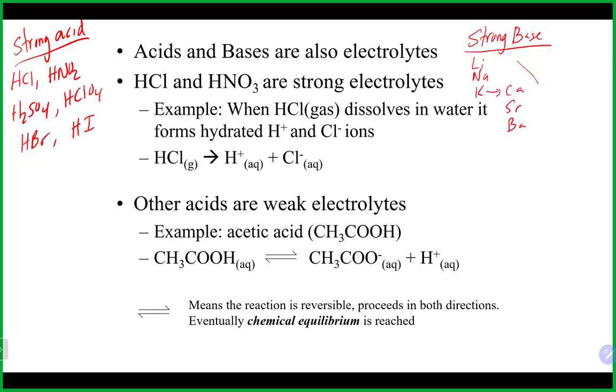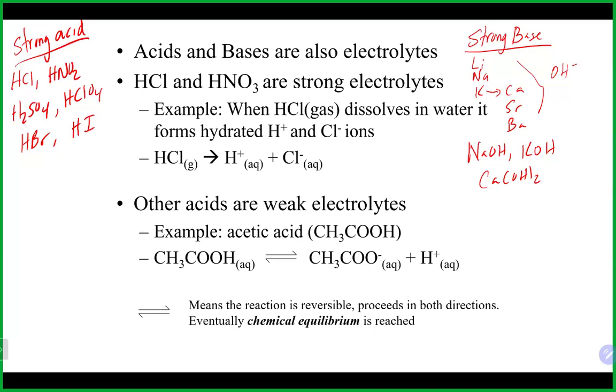If you hook any of these up with hydroxide, like sodium hydroxide, potassium hydroxide, calcium hydroxide, etc., these are strong bases. So if you see these, you would expect them to completely break apart into ions in solution. So group 1, group 2 on the periodic table that has hydroxide in them typically are going to be your strong bases.